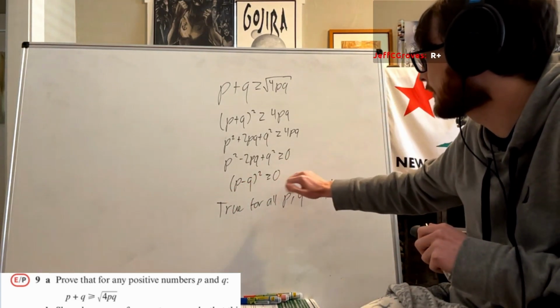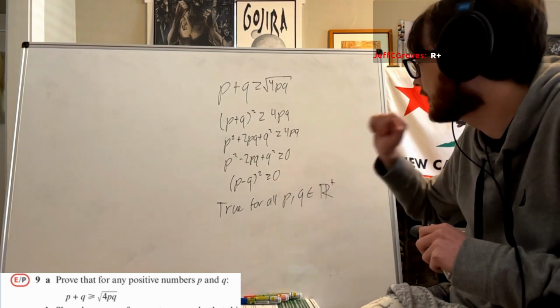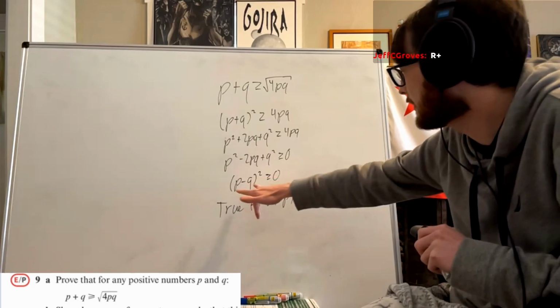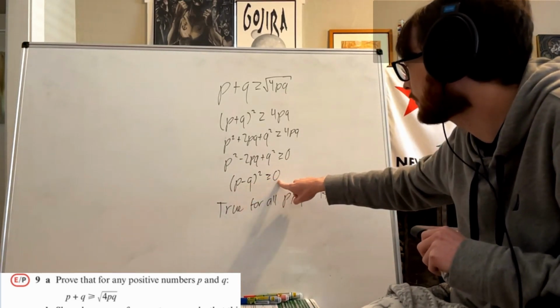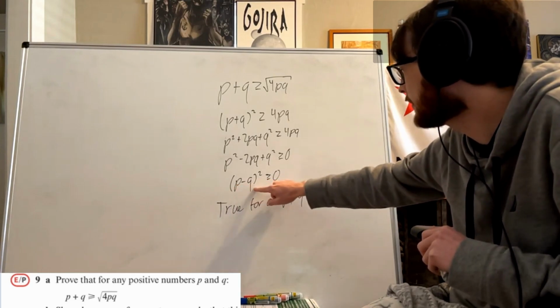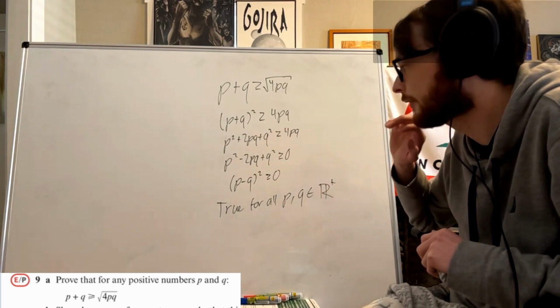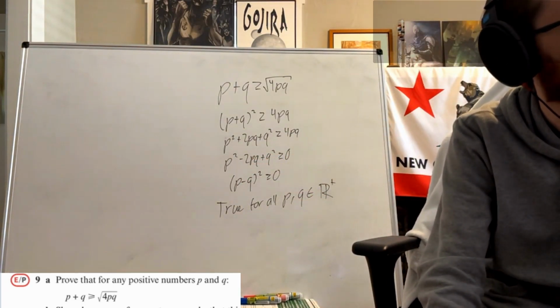So this is always greater than or equal to 0. No matter if they're equal to each other, we get 0, and 0 is greater than or equal to 0. If p is greater than q, then it's a positive number anyway, and we square it, it's still greater than 0. So no matter what here with p and q, we've proven it just from there.